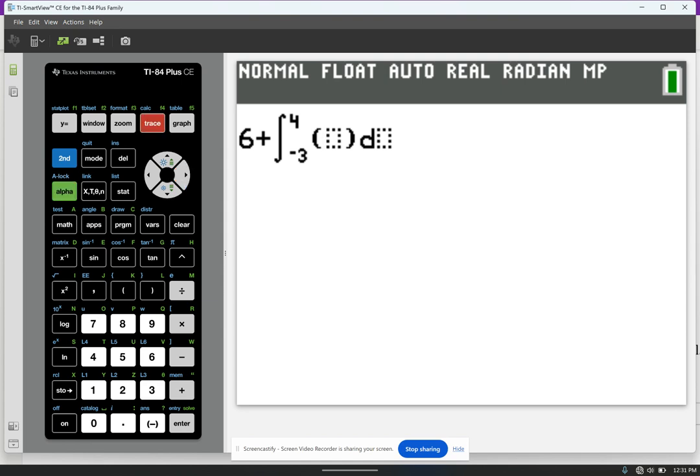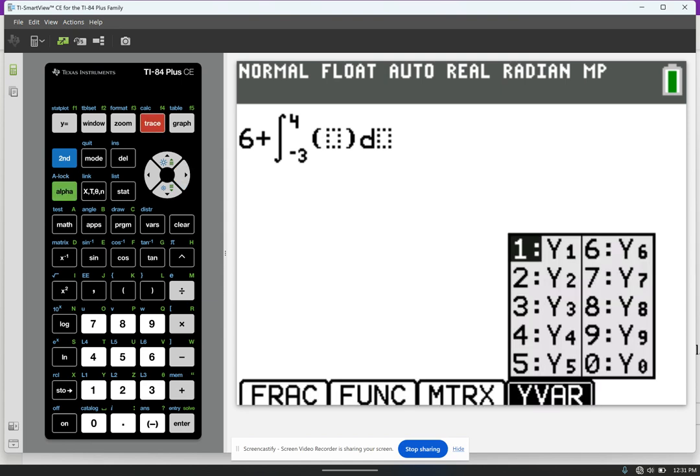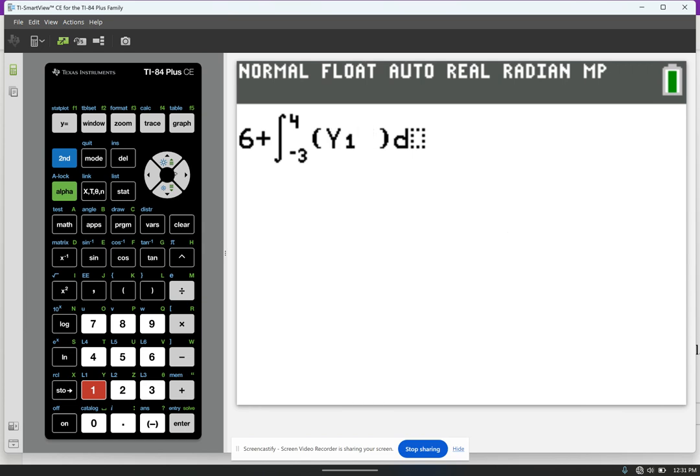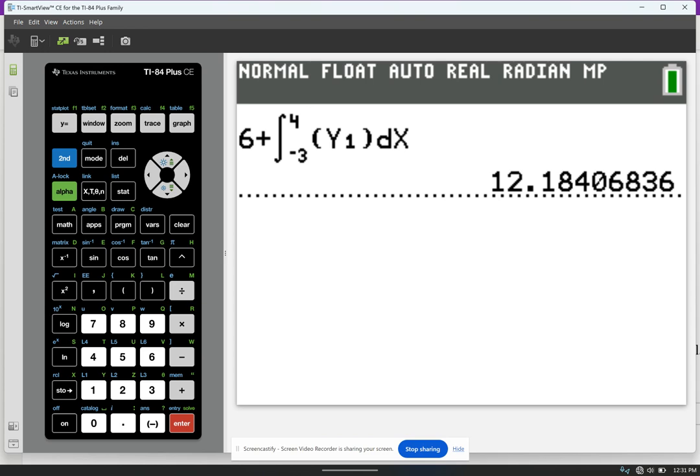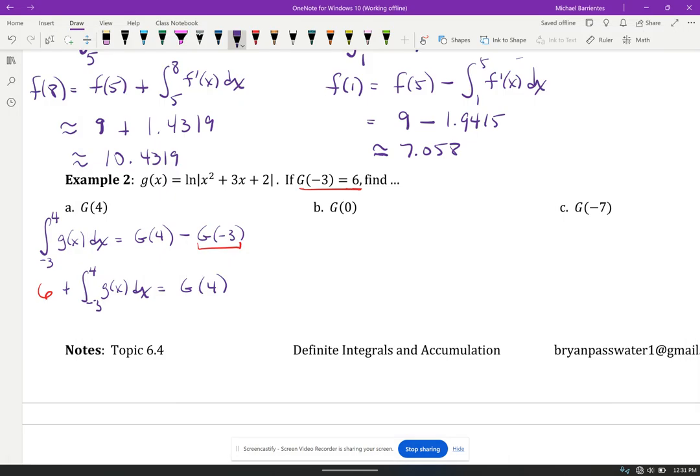So if I do alpha trace, there's my list of all the functions. I'm going to choose the one I saved in y1 and do dx. Remember, I'm already adding on the initial amount 6 plus whatever this net change is. That's going to give me the final amount, which in this case is about 12.184. That's how much G of 4 equals.